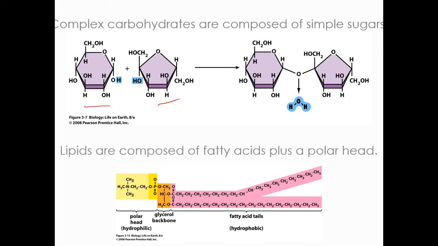And then lipids are composed of fatty acids. So this is the fatty acid chain. This is a phospholipid. These are the fatty acid chains. This is the glycerol molecule. The two fatty acids. This is the phosphate group, and this is the choline portion. So this is the main component of the cell membrane.